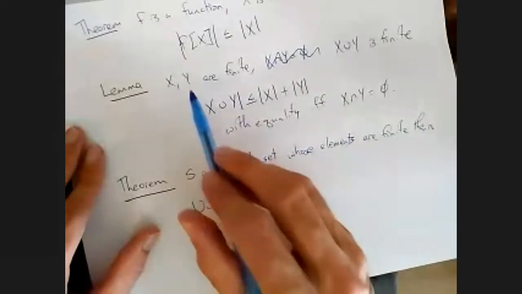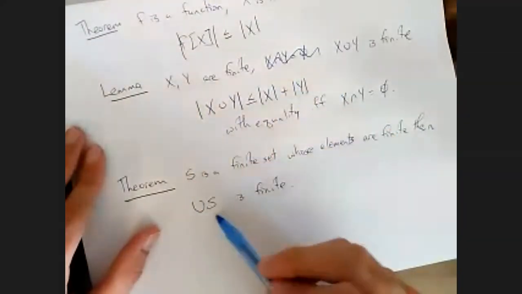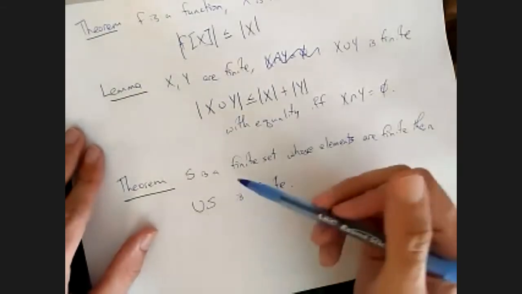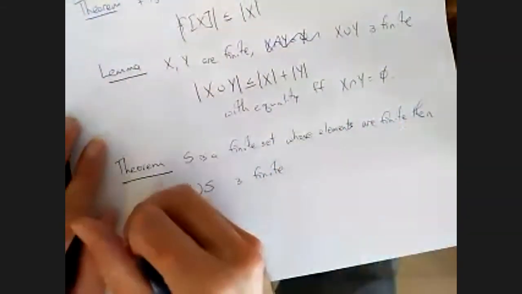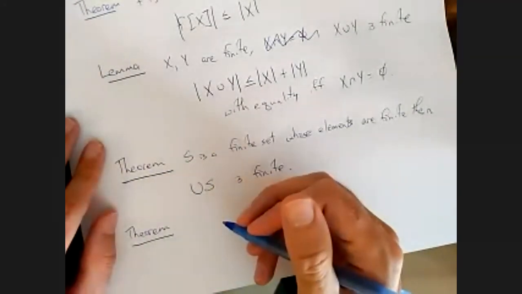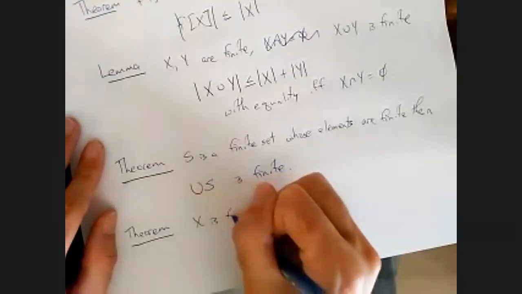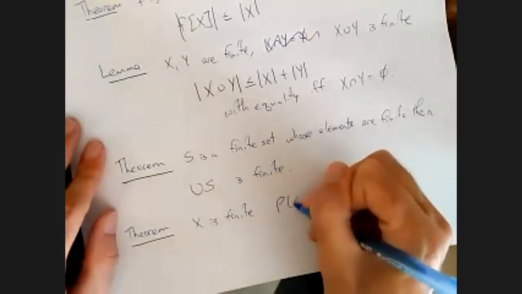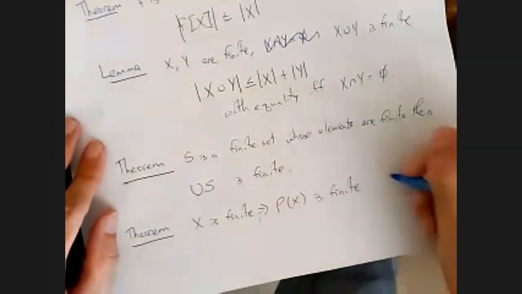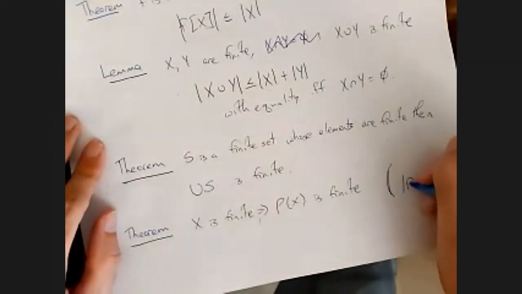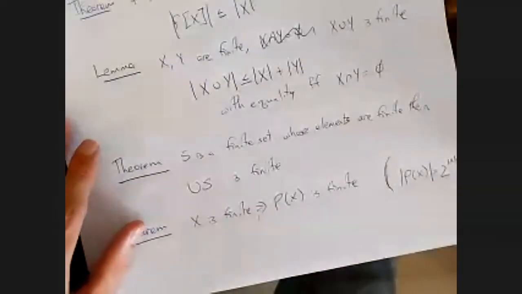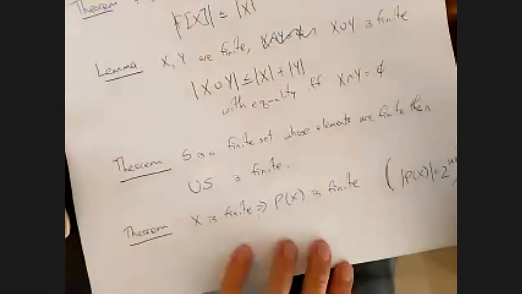The lemma says that the union of two finite sets is finite, and this theorem says the union of a finite number of finite sets is also finite. And we also have that the power set of a finite set is finite. In fact, you could show that the cardinality of the power set is just 2 to the cardinality of X.